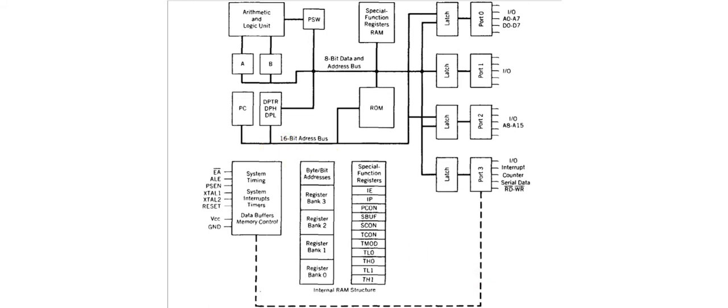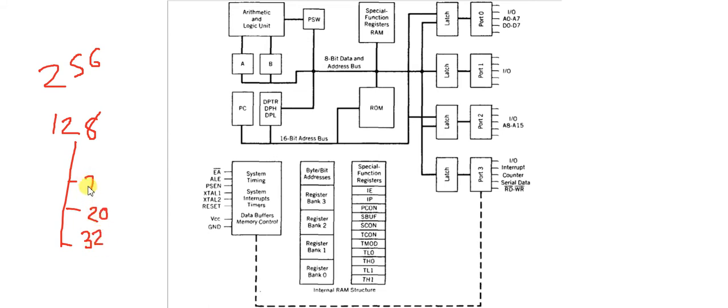So total memory is 256. You have to remember this, but only 128 bytes we can use, and this is again divided into three portions: one portion of 32 bytes, another portion of 16 bytes, and the third portion of 80 bytes.